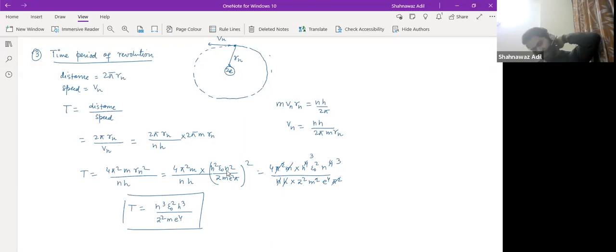We'll calculate the total energies, and then we'll do some numericals, and then we will finish this chapter and start the new chapter. Oh, there is this 4 also, right?